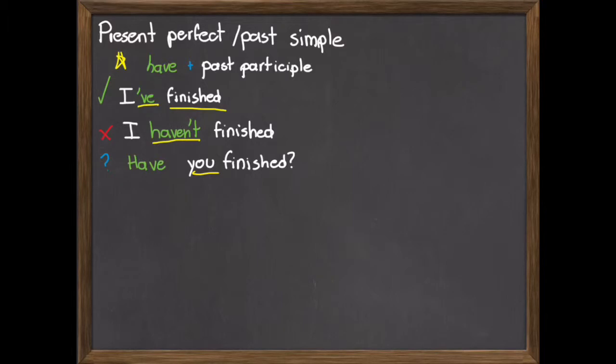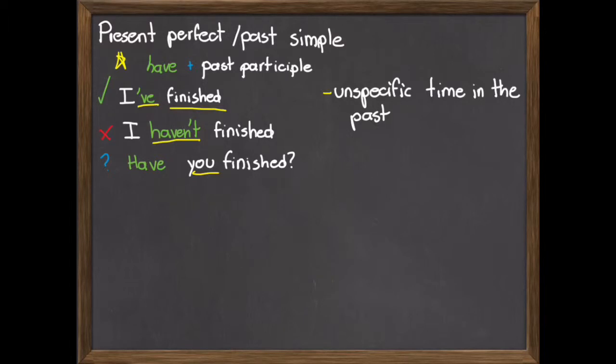Now, when do we use the present perfect to talk about past events? Well, we use the present perfect to talk about events that happen at an unspecific time in the past. For example, people have bought his paintings for millions of dollars.